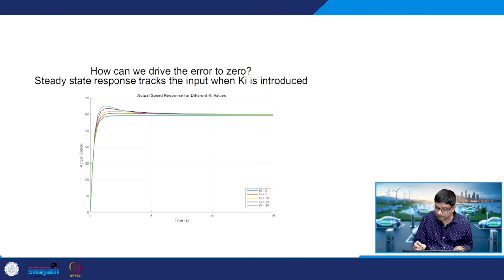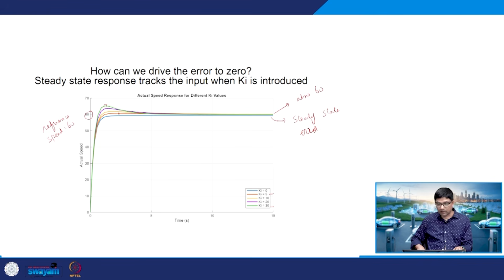For ki equal to 0, this is the blue line, which gives a certain steady state error. Now I put ki to 5, which is this red line, all the way till ki equal to 30. So, what we see, the commonality is that my reference speed is 60 and my actual is also 60.